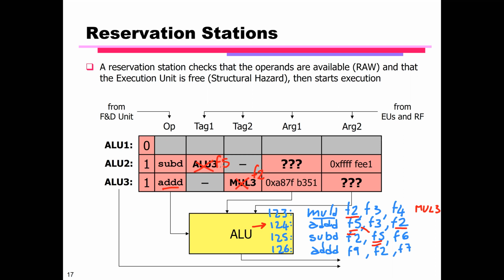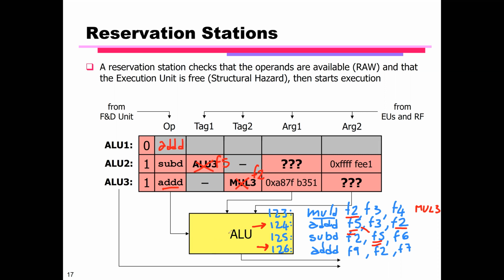Well, I think it becomes clear if we continue and decode one instruction more, the one at address 126, which is an add_d. We need to find one place to put this new instruction that is not among those that are already in the machine. We put it here in the reservation station, the only free place, and it is an add_d, and it has two operands.